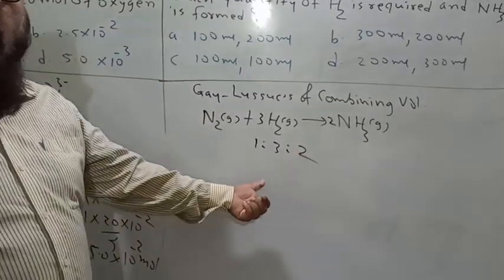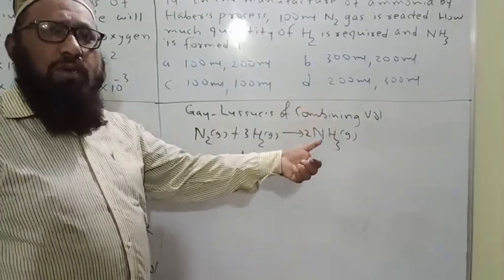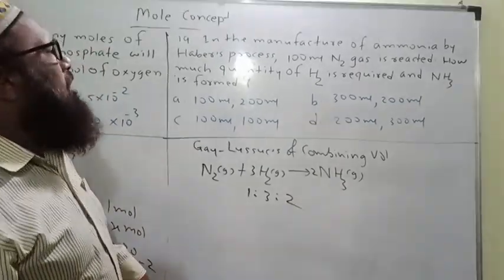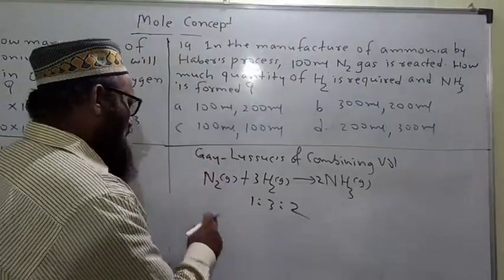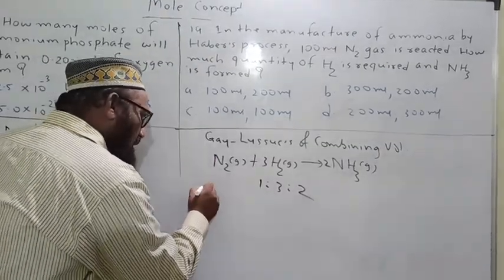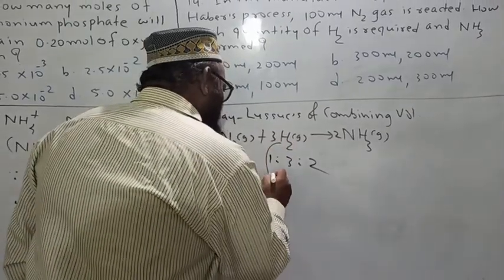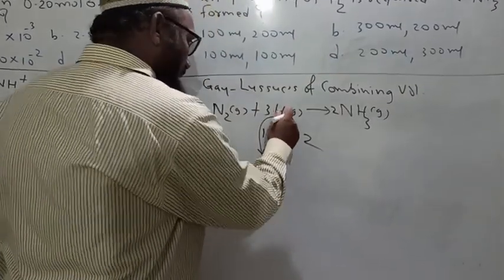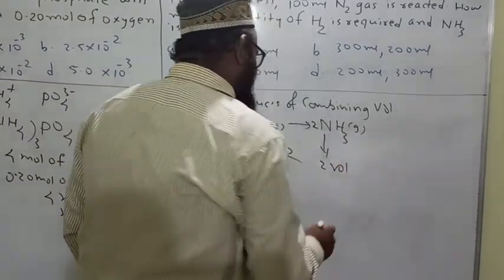This is nothing but the simple whole number ratio that proves Gay-Lussac's law of combining volume. Now look in the numerical. 100 ml nitrogen gas is given. Here we consider 1 volume of nitrogen, 3 volumes of hydrogen, and 2 volumes of ammonia.